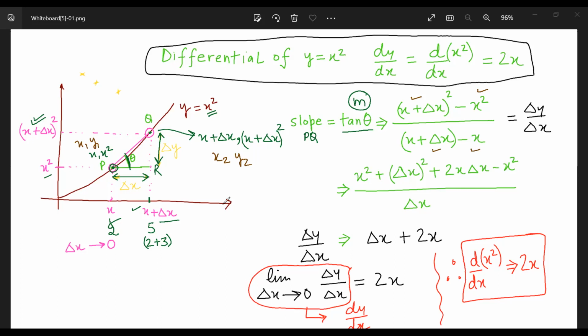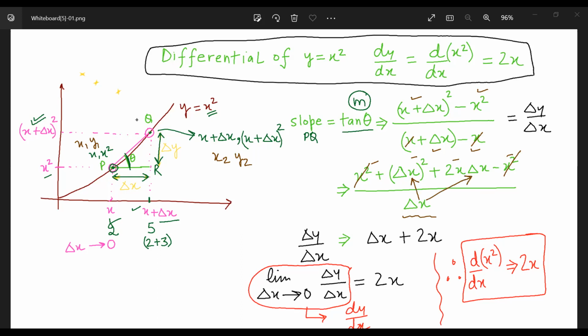Now when I calculate, this is x plus delta x whole square. When I calculate, this is x square plus delta x square plus 2x delta x minus x square. This is x plus delta x minus x. So this x and this x will cancel. I'll have just a delta x in the denominator. Is this making sense or not? And when I open the bracket, this x square and this x square will cancel, and one of the delta x will vanish, and here also one of the delta x will vanish.